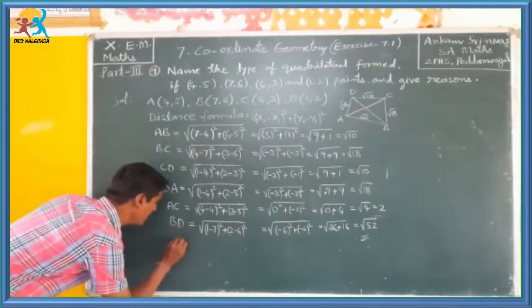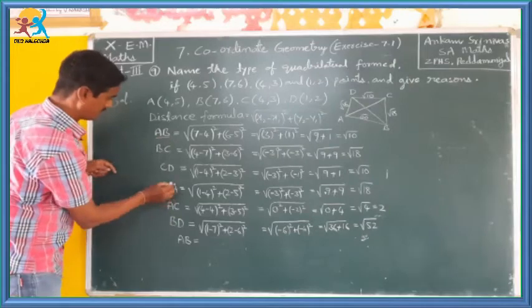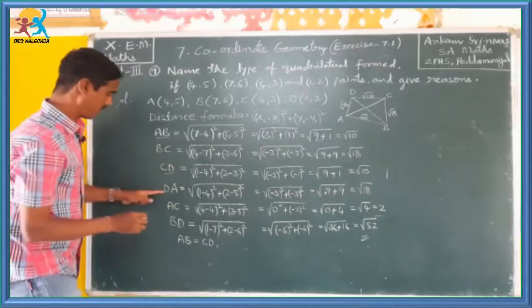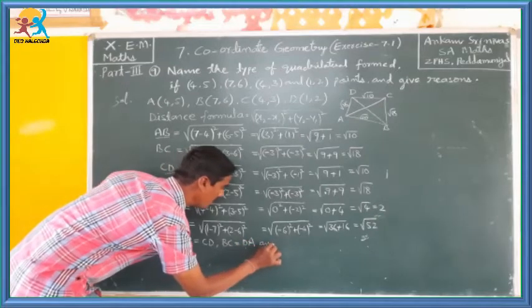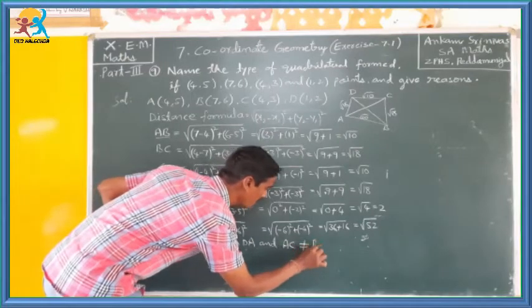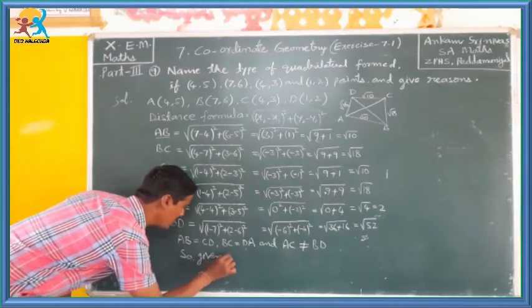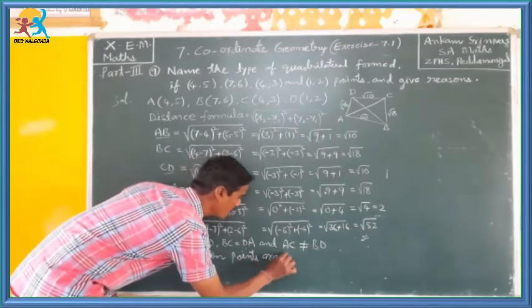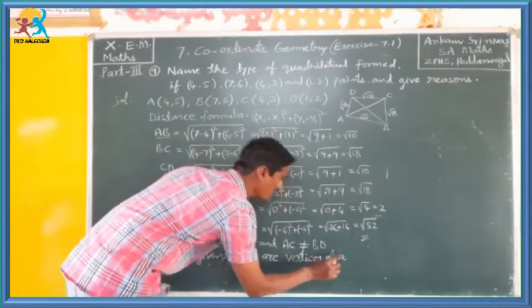So AB equals CD and BC equals DA, and AC is not equal to BD. So the given points are vertices of a parallelogram.